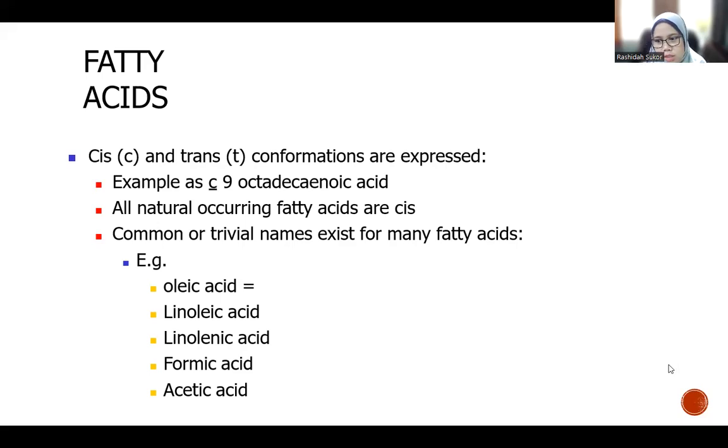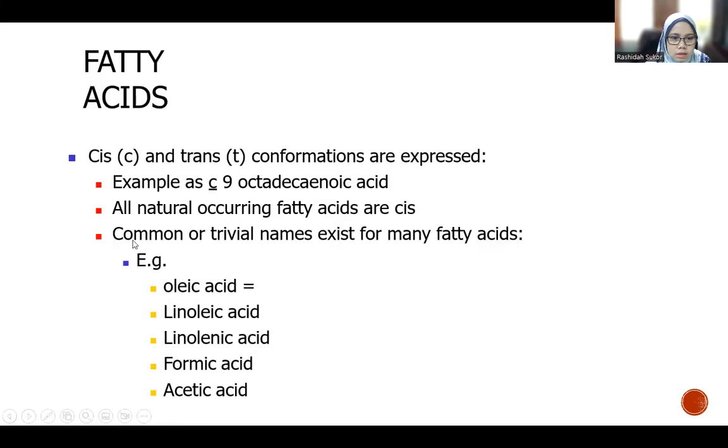So that's why you see a lot of health doctors, they will recommend not to take food that has higher trans fatty acid punya element lah. Because all natural occurring fatty acids are cis. Kenapa dia jadi trans? Because food manufacturer tukar jadi trans so that for the stability of the life of food compound.